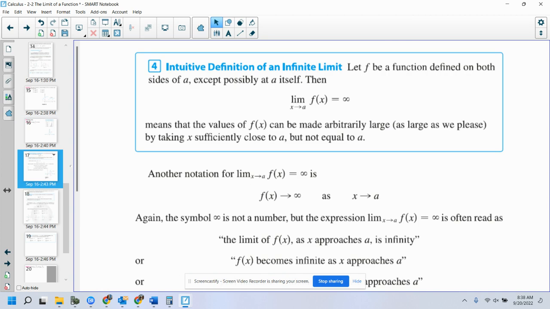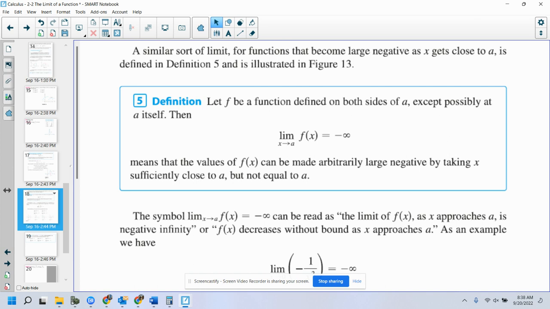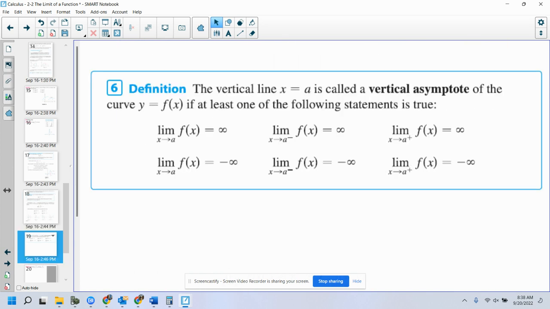And we talked right at the end about vertical asymptotes. That was where we stopped, correct? Yeah. Honestly, I wish I could teach the idea of a limit when you learn the idea of a vertical asymptote, because they go hand in hand.